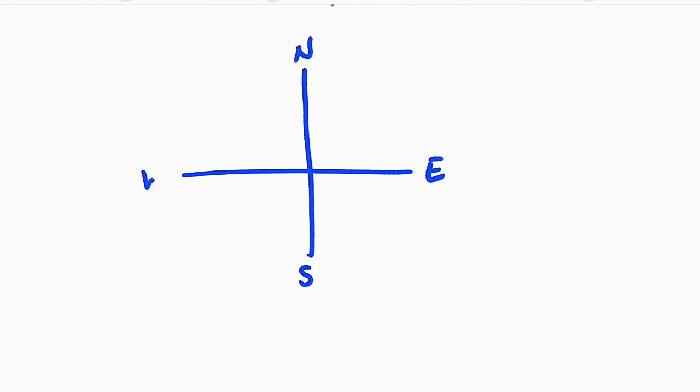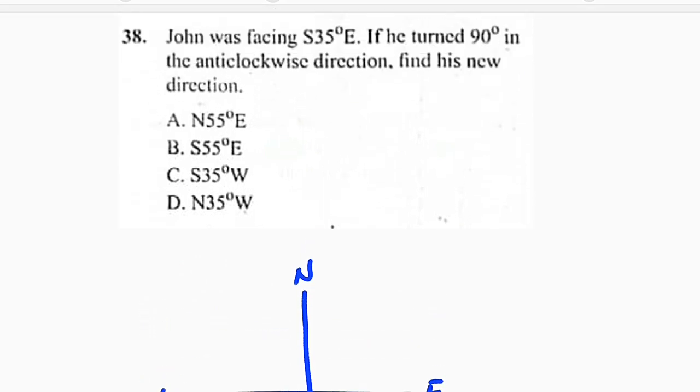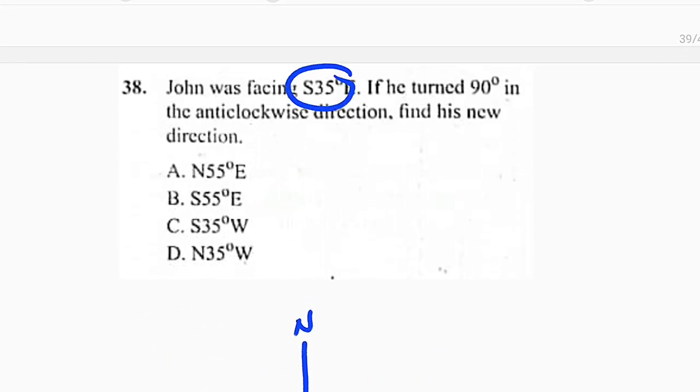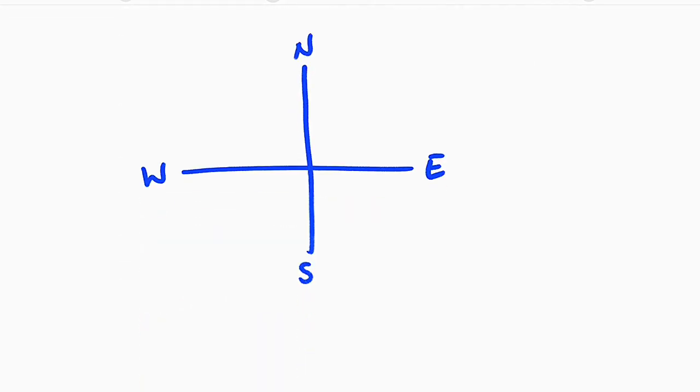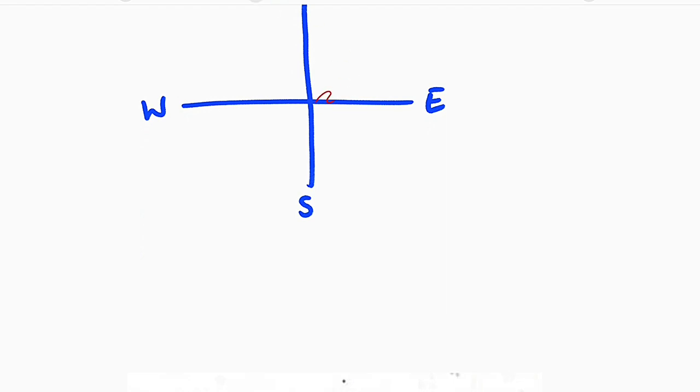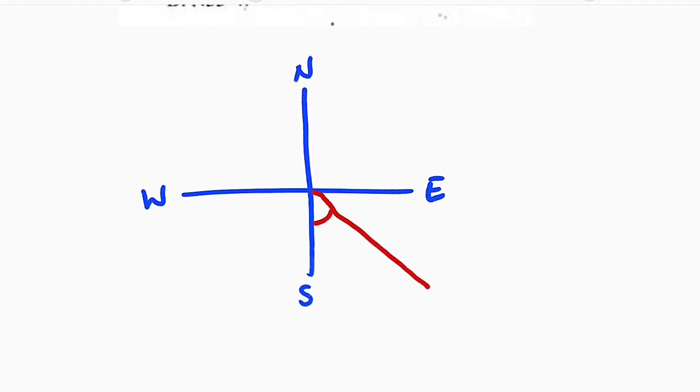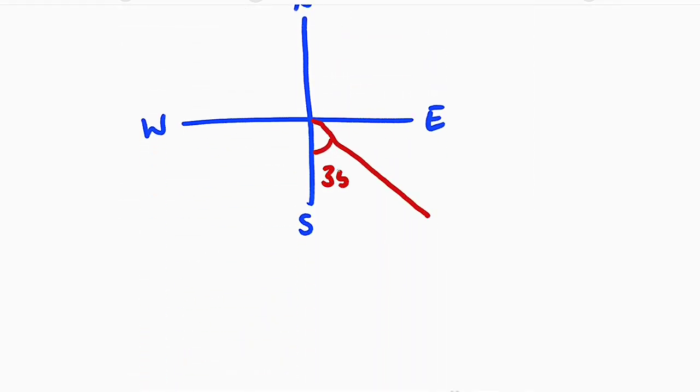This is west. And you should know that all angles must either be measured from the north or from the south. So this particular direction is measured from the south towards the east. So roughly we have south to east. This particular angle here is what is given to us from the question, which is 35 degrees. And this is the position of Mr. John.